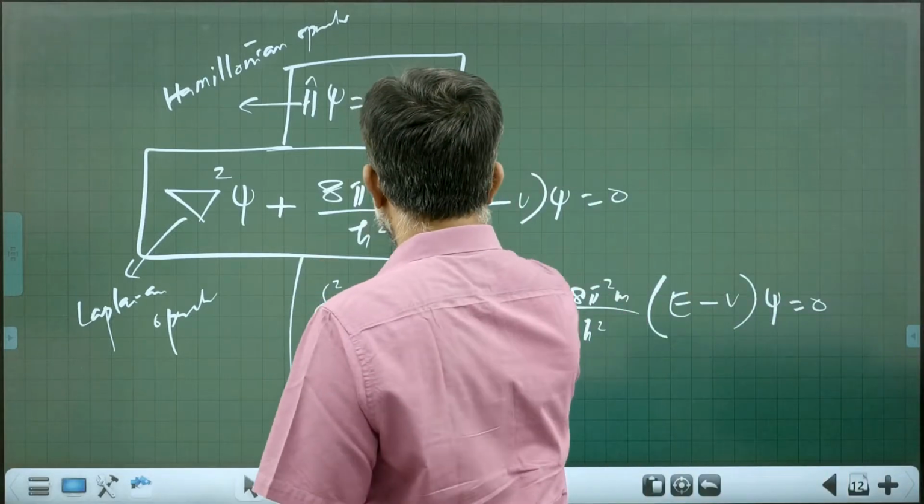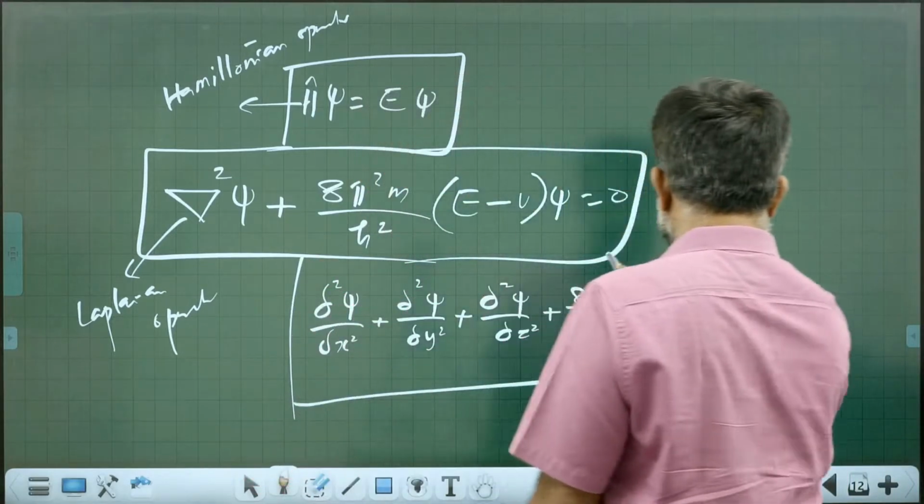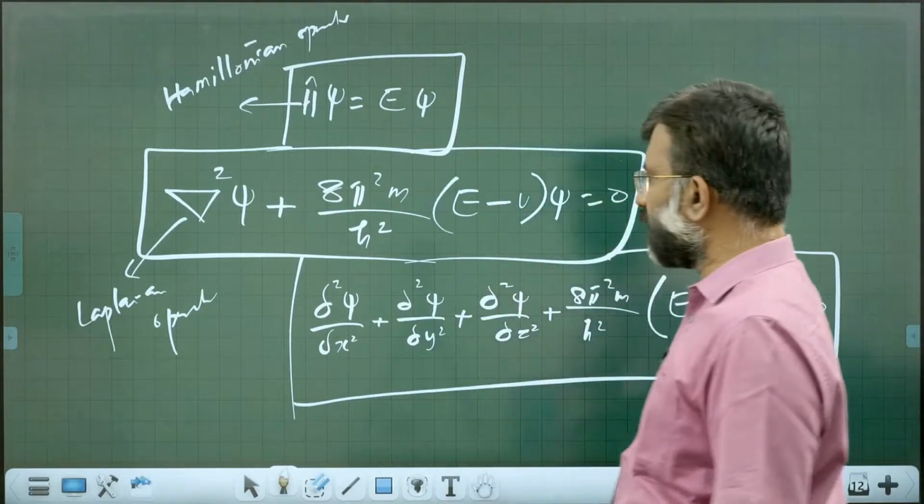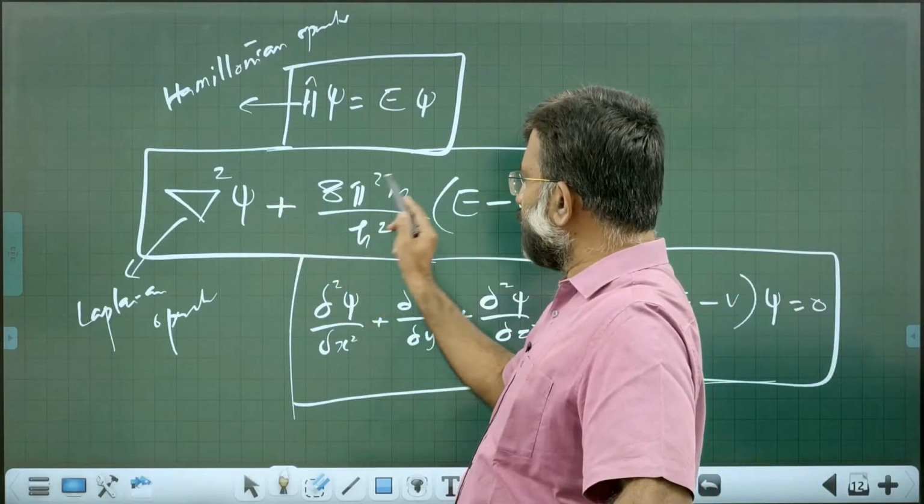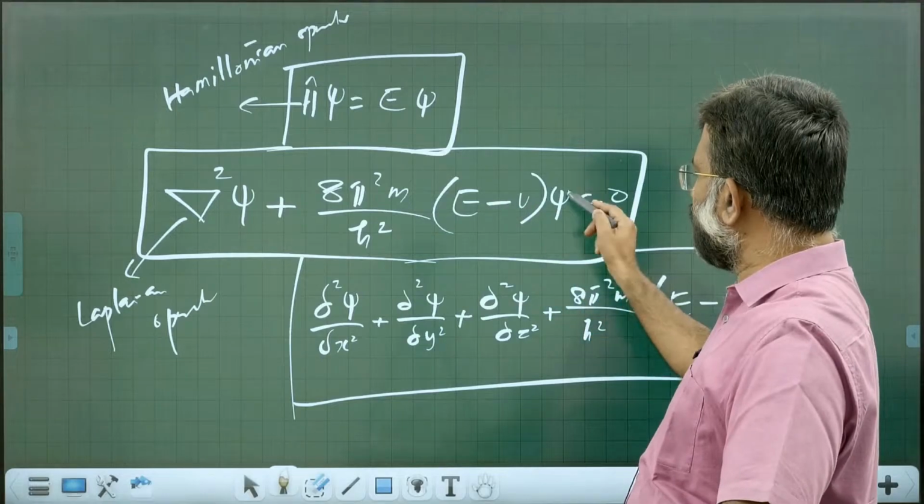This is the complete form of the wave equation. I missed one small portion over here: del square psi plus 8 pi square m by h square into E minus V into psi equal to 0.